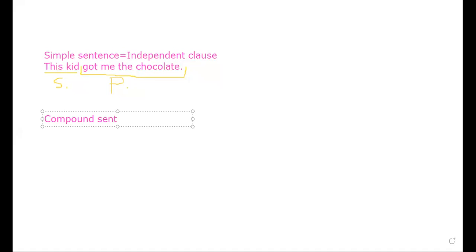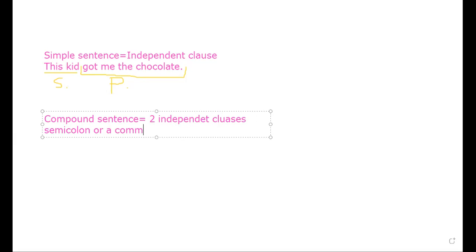A compound sentence is equal to two or more independent clauses, but let's say two independent clauses. And the most important thing is how they are joined: with either a semicolon, or a comma with a coordinating conjunction. Can I give you an example?